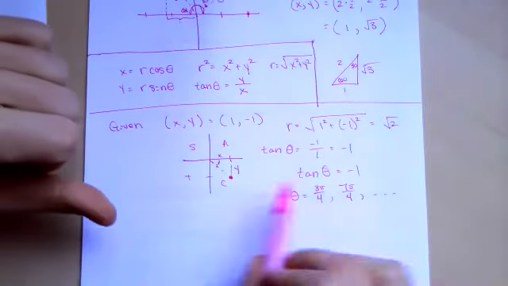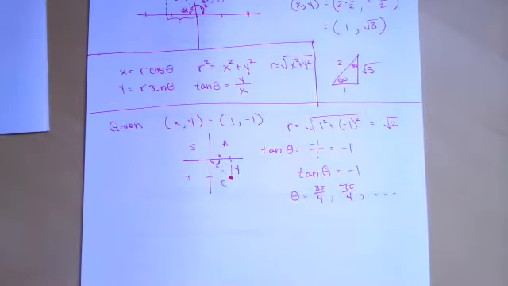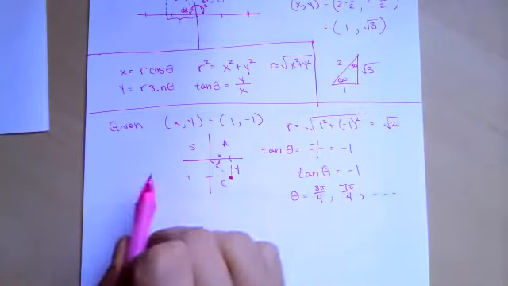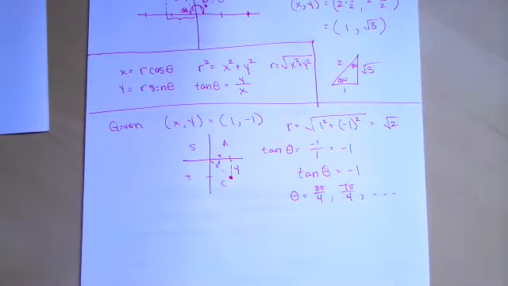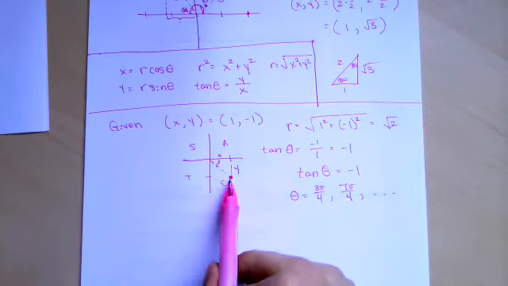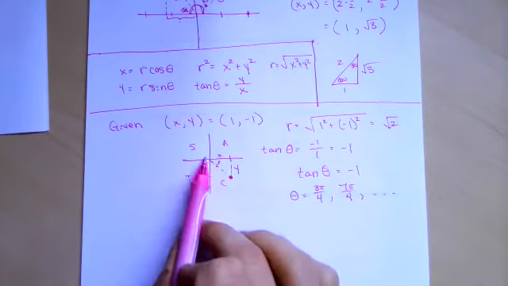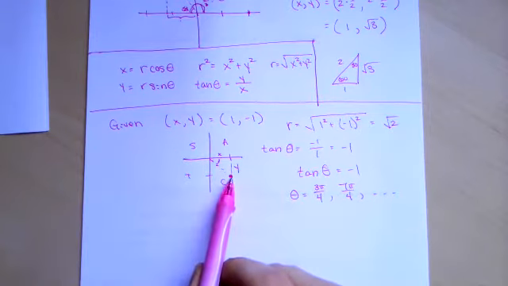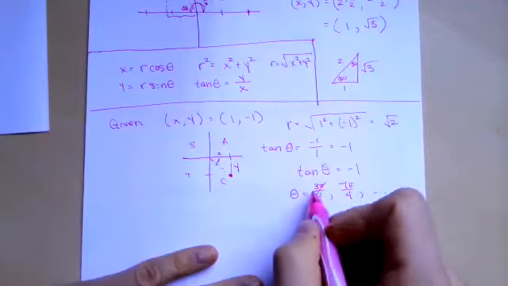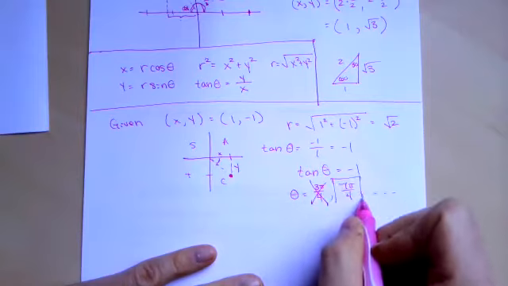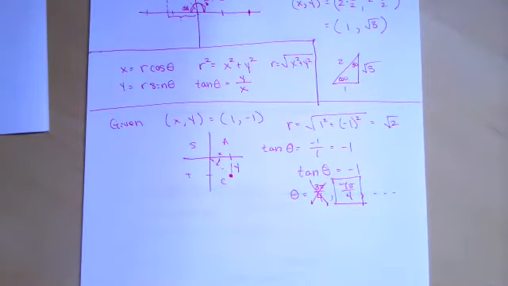And of course, we could come up with a lot more depending on which direction we're wrapping around the circle. This is where you have to use the actual picture, the actual point, because 3 pi over 4 we know is in the second quadrant. Since that's not where our point is, we know that our answer is going to be 7 pi over 4.